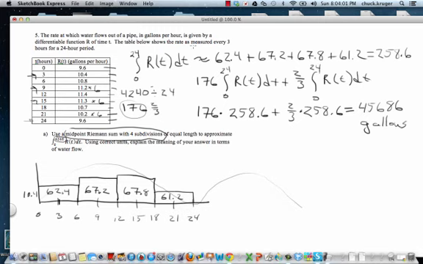So it says right here, using the correct data, explain the meaning of your answer in terms of the water flow. So if you take a look, the rate at which the water flows out of the pipe.